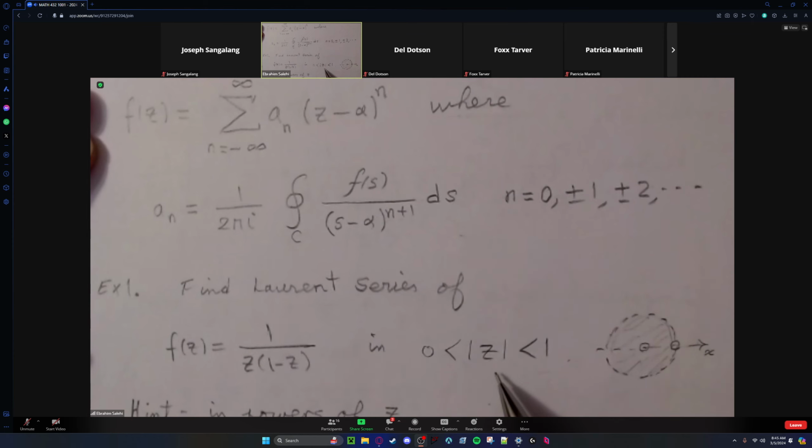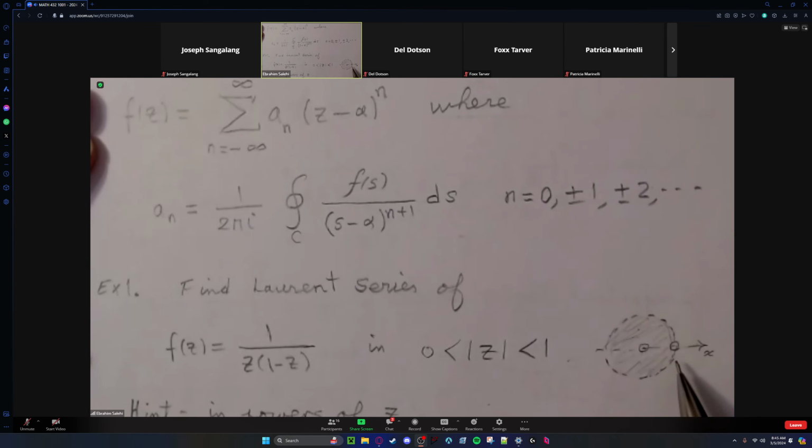But we want to write the Laurent series that is valid whenever modulus of z is between 0 and 1, which means you're choosing a point inside this disk, every point except 0. So the modulus of this point will be less than 1.